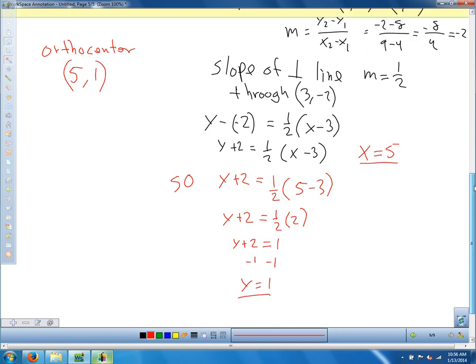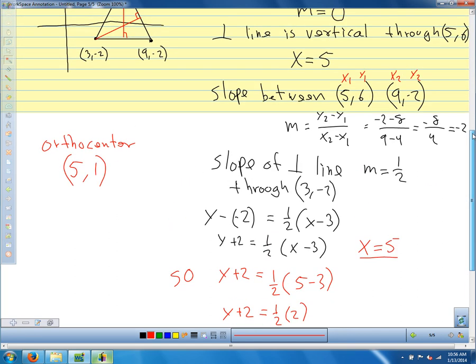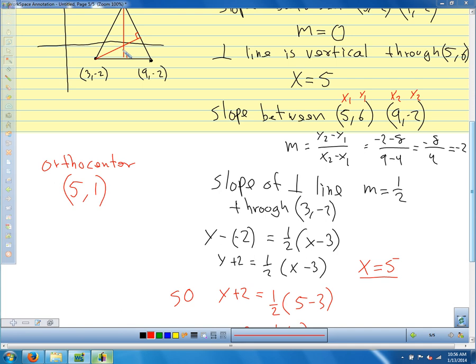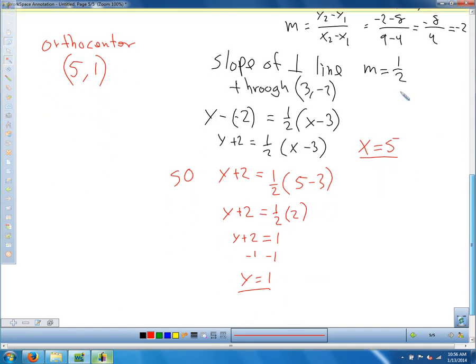That's where those two lines intersect. So you can see my drawing is not very good here. So we found the equation of both of those lines using the slope. Use point slope formula. Let me remind us what that is: y minus y1 equals m times x minus x1. And this point is x1, y1.